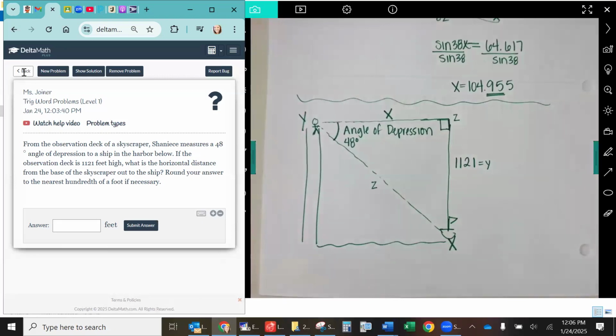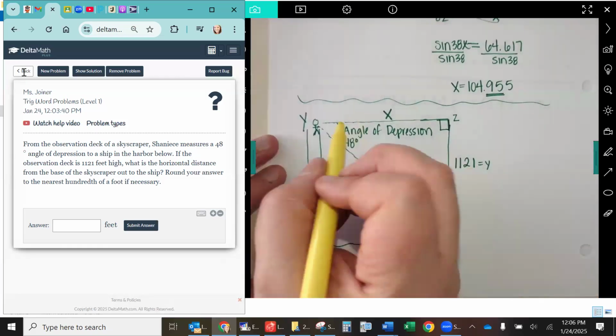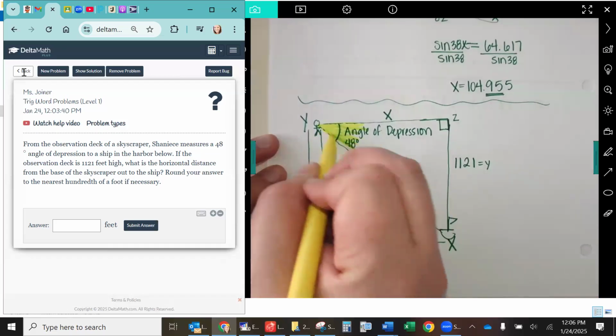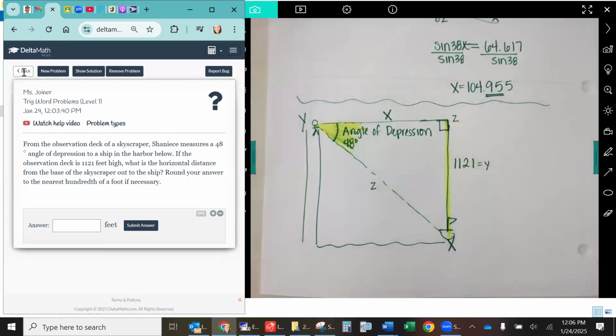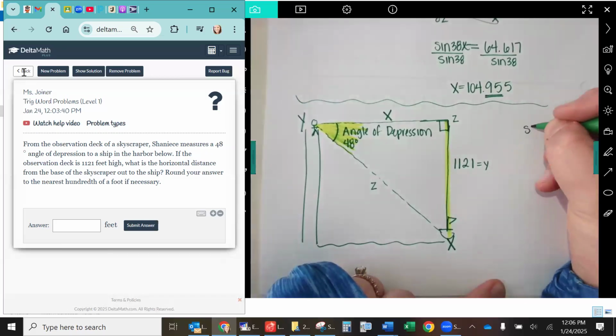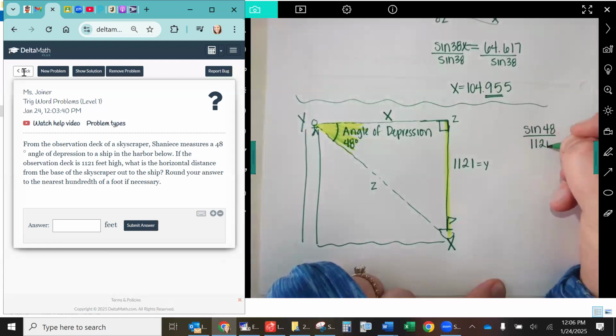Okay, and then out of my partners, I'm trying to find which one I have the big and the little for. Actually I do have partners. Which letter? In this case, we already have both of the Y's. There's your capital Y, there's your side y. So we'll do sine 48 over 1,121.